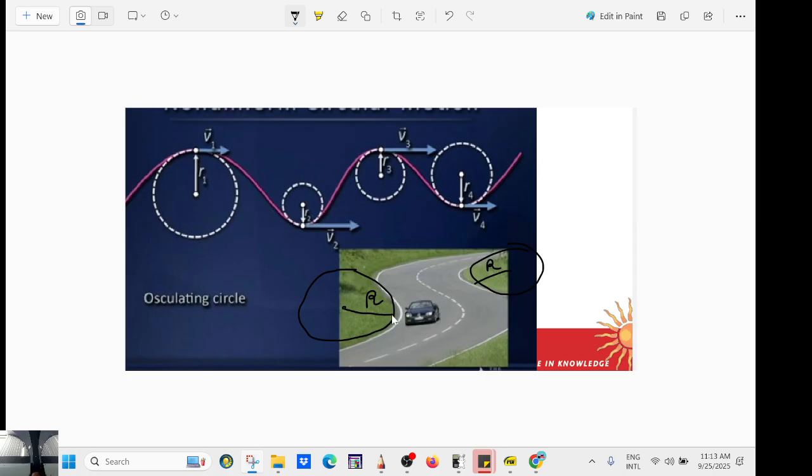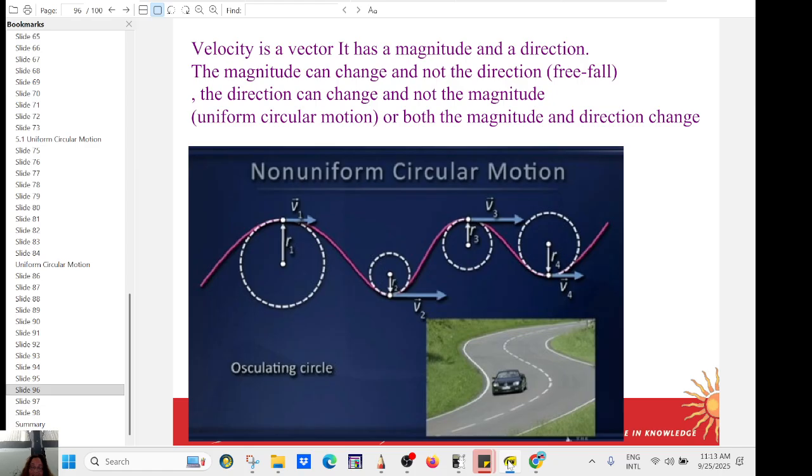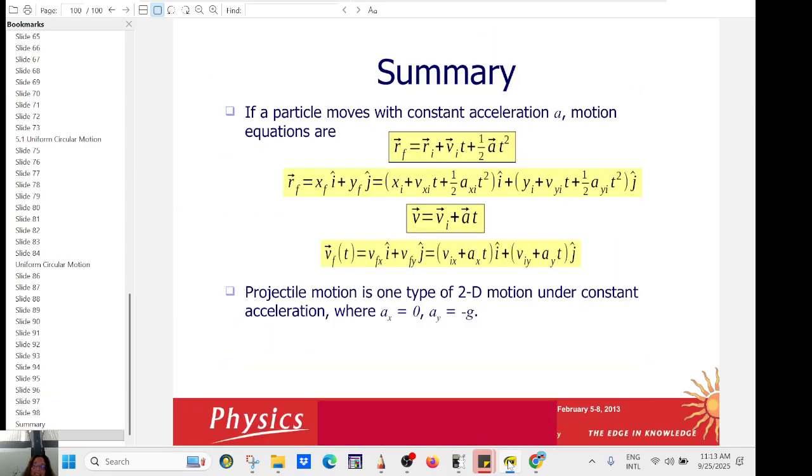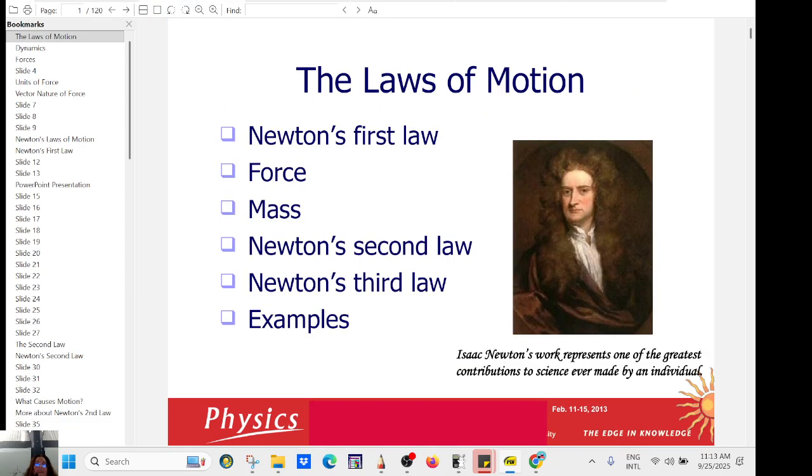Ask ChatGPT: how do engineers find the radius of osculating circles along the road? I'm sure they do it using some electronics nowadays. It's a good question, but I don't have the answer.